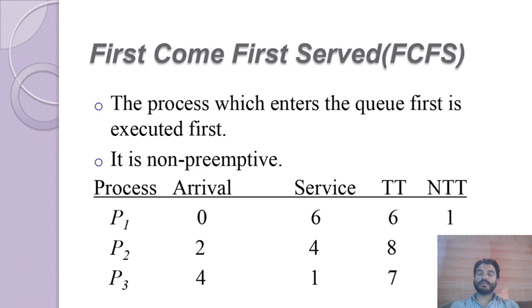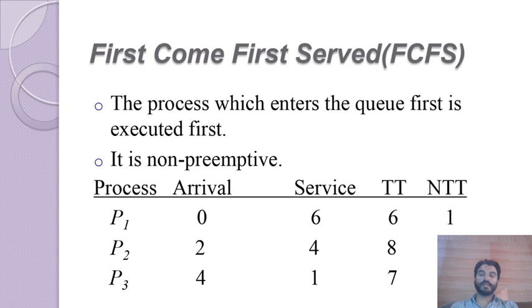For example, here there are three processes P1, P2, P3, and their arrival times are 0 to 4. P1 comes first, so its arrival time is 0. After P1, P2 comes and its arrival time is 2.